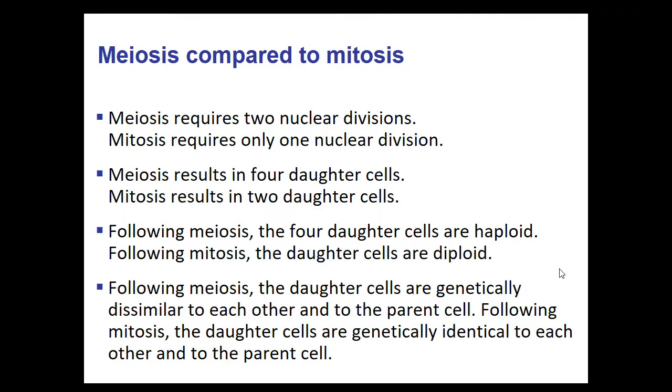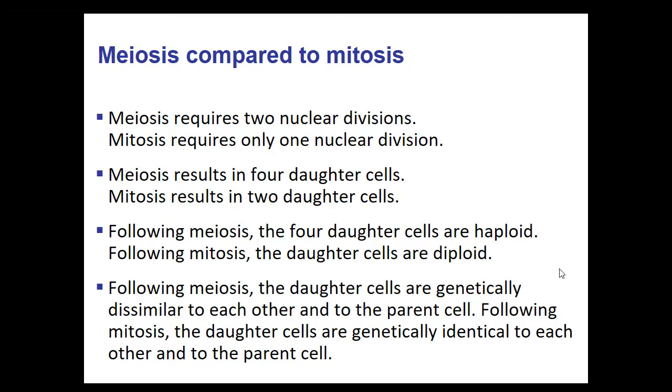After meiosis one, this first division, there are two daughter cells, but one of these daughter cells just dies. It's a very small daughter cell, and it just dies. This is called a polar body. There's no second division for that one.